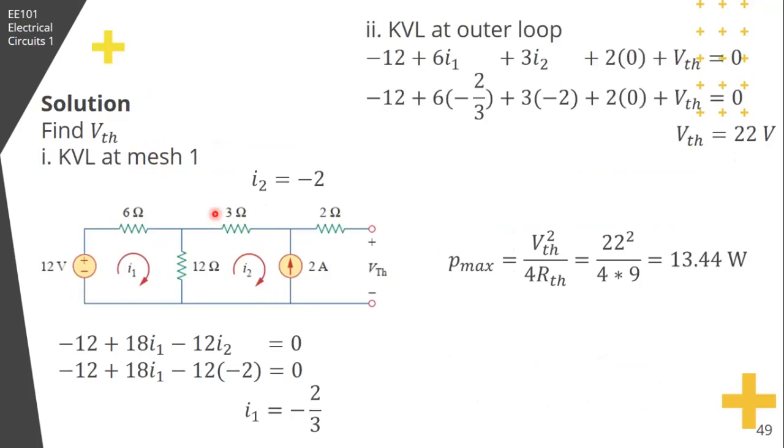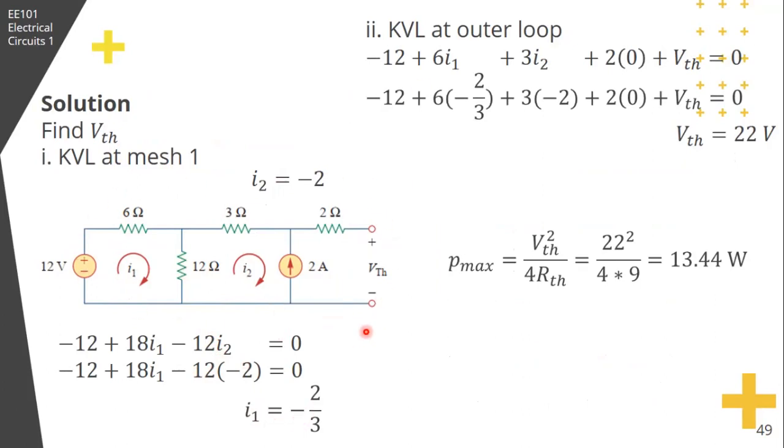We have RTH, so now we look for VTH. Now, by inspection, I2 is equal to negative 2 amperes. Then for mesh 1, negative 12 plus 6 plus 12 equals 18 I1 minus 12 I2. Substitute I2, so we have I1 equal to negative 2 over 3.